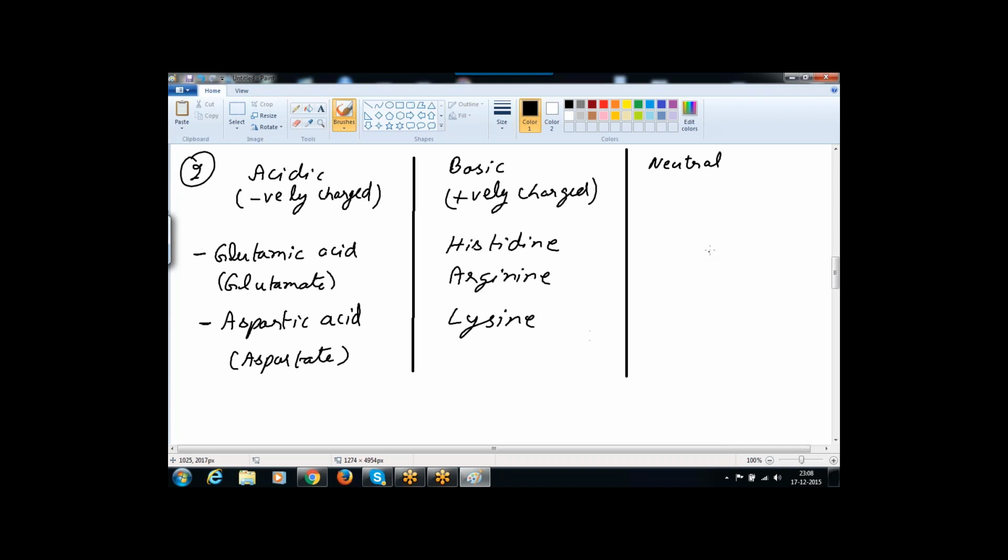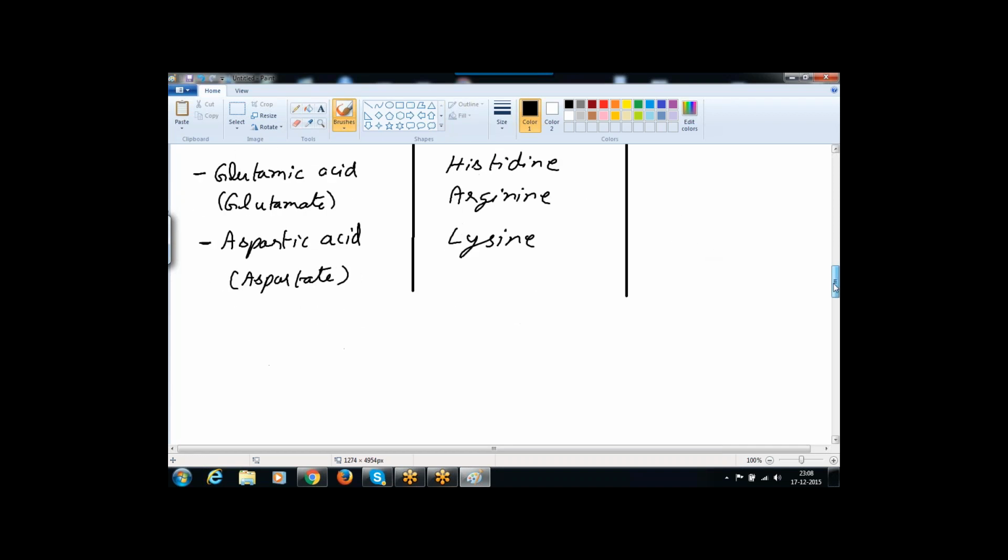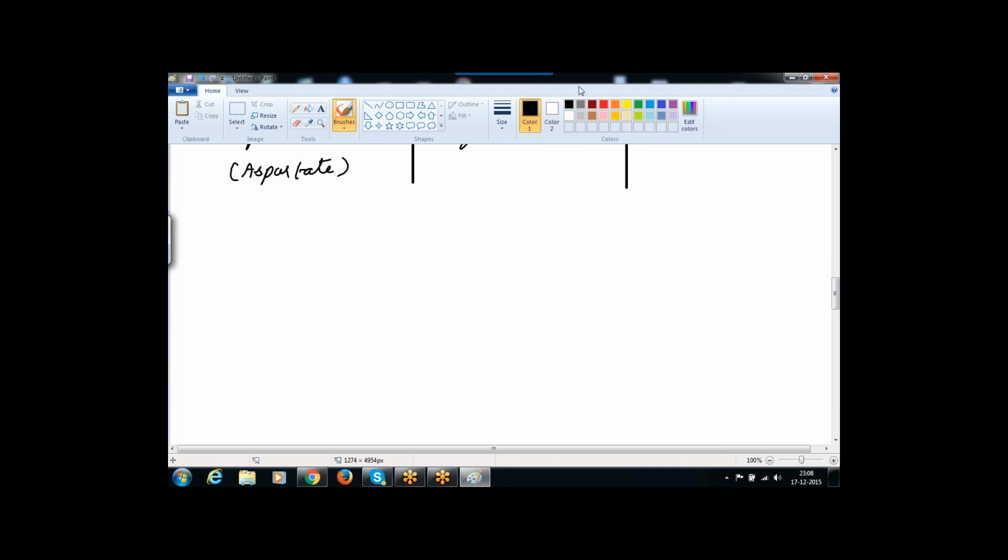Then there is another thing they ask: which of these is sulfur containing? Sulfur containing ones are cysteine and methionine.